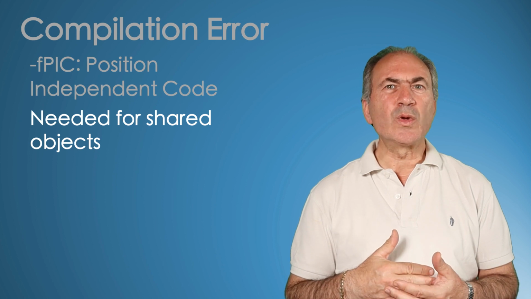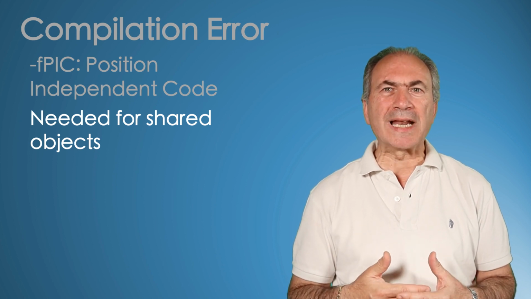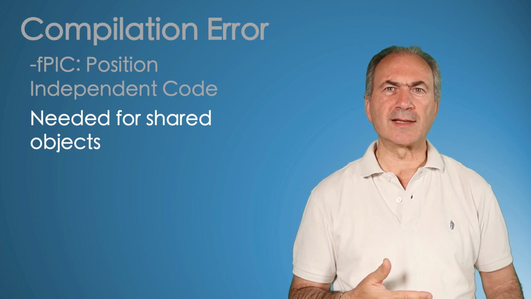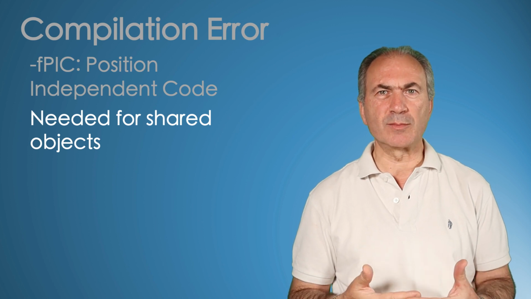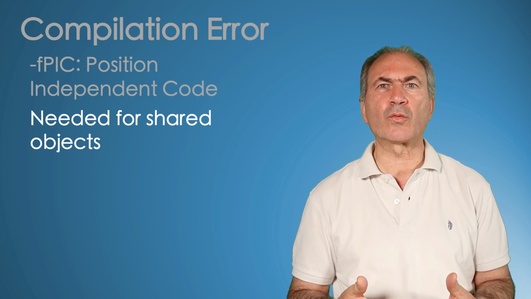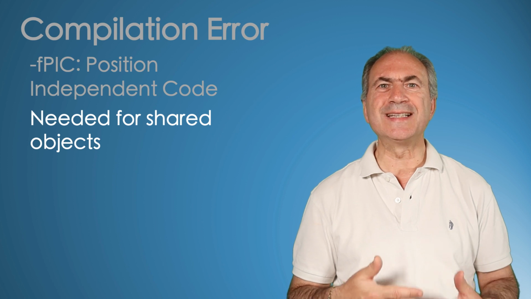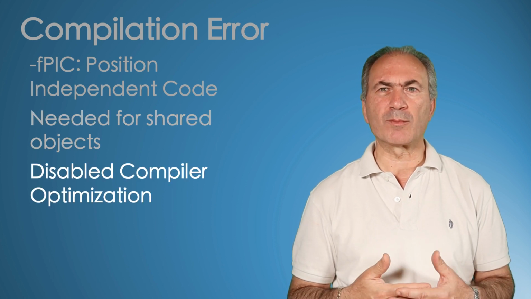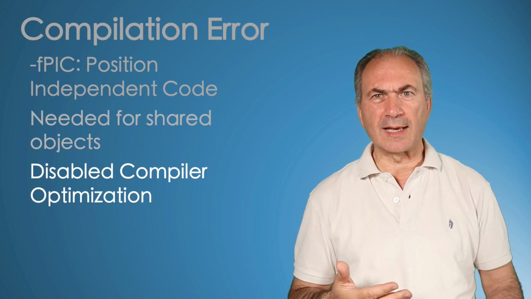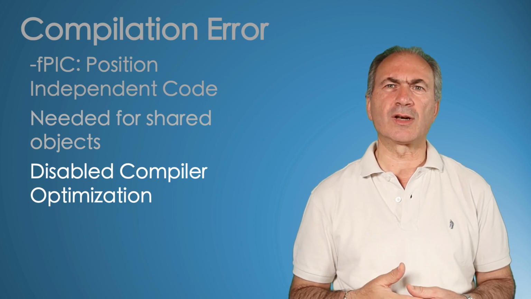This means that we have errors in the compilation options of the related packages. It is possible that these errors have surfaced because we have disabled compiler optimization to facilitate our debugging and reverse engineering job.